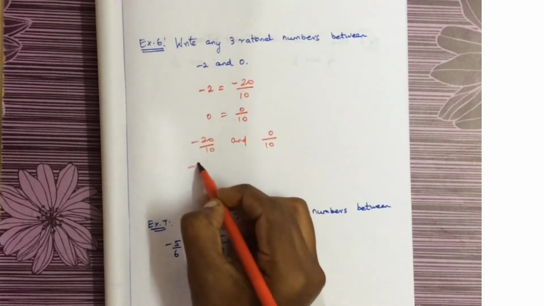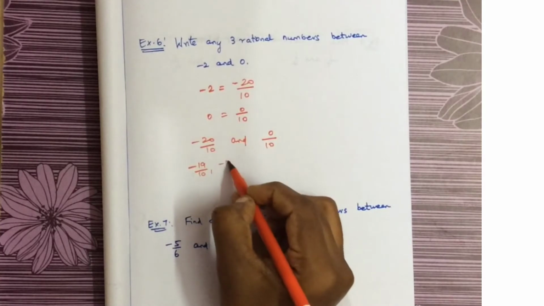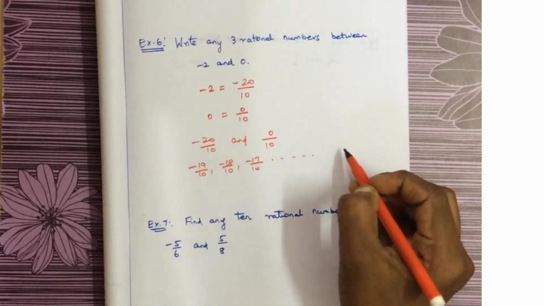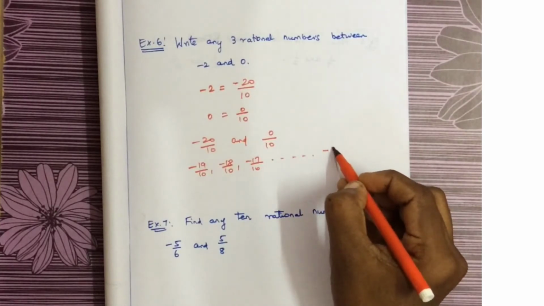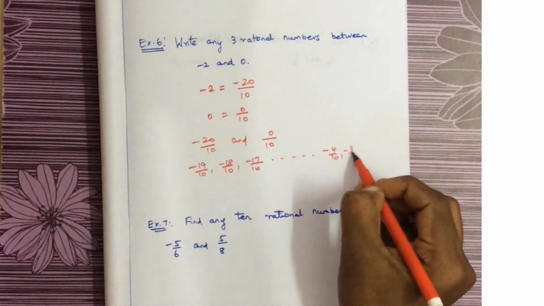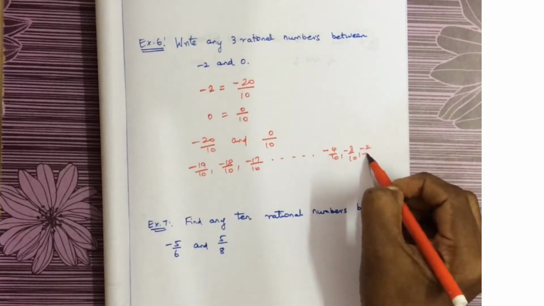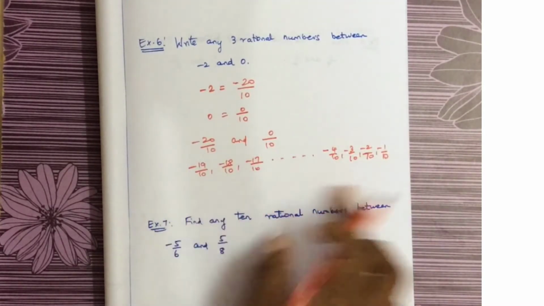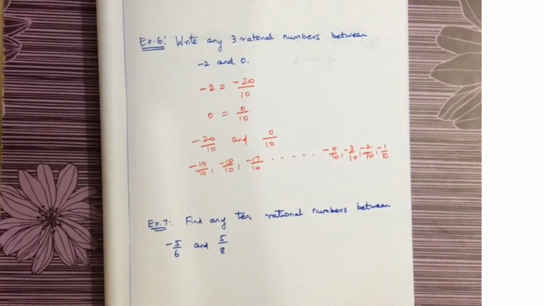So what you will write, you can start from minus 19 by 10, minus 18 by 10, minus 17 by 10, and you can write minus 4 by 10, minus 3 by 10, minus 2 by 10, minus 1 by 10. So you can take any three rational numbers from this.